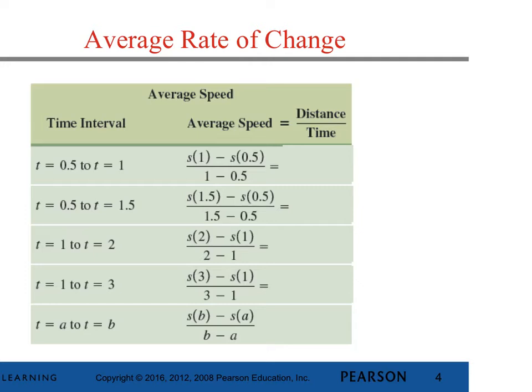So continuing our discussion of the average rate of change, in this case we're talking about speed, with the rate of change in distance as determined by the amount of time that's elapsed. Then if we want to determine the average speed during the second half hour of our trip, we will begin by thinking about what happened at the end of the first hour of our trip. At the end of the first hour of our trip, we had gone 55 miles.